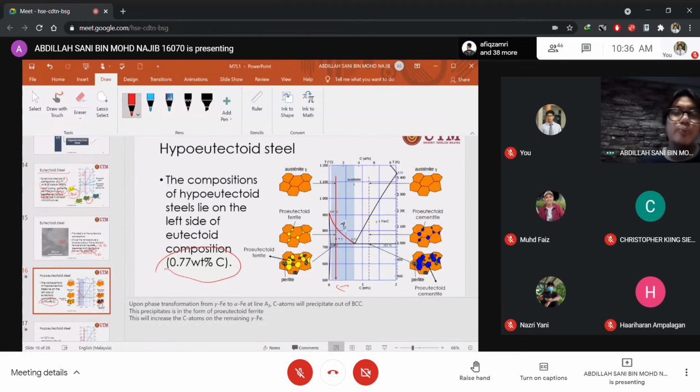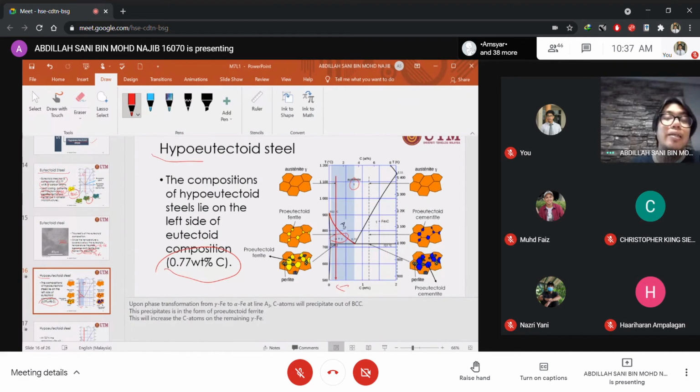When carbon is less, we don't call it eutectoid steel anymore, but rather we call it hypoeutectoid. In hypoeutectoid, you have this transition from austenite, the gamma phase, into gamma plus alpha.